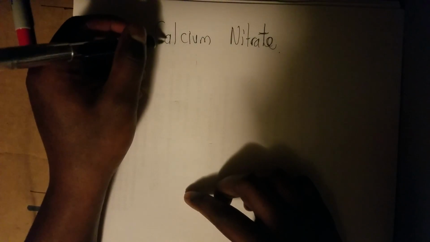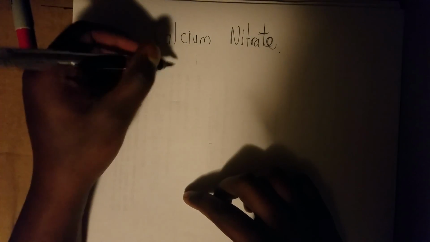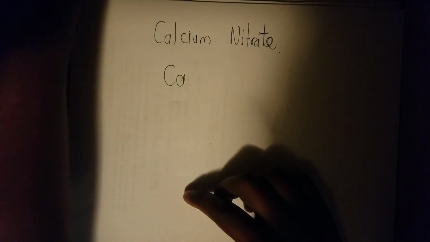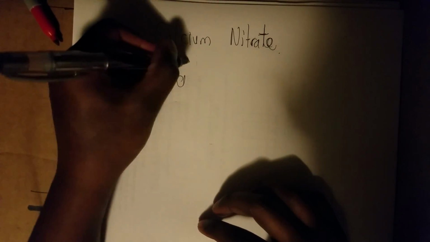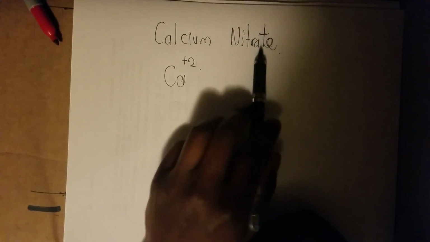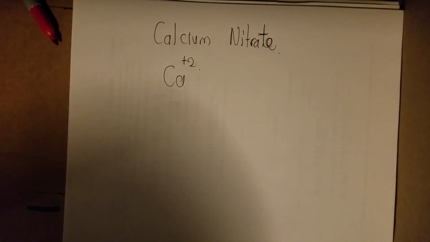So for calcium, you look at the table, calcium is Ca. And what's the charge on calcium? Calcium forms an ion with a +2 charge. Now nitrate is something you have to memorize. You have to have a table, and on the table it tells you what the charge is.